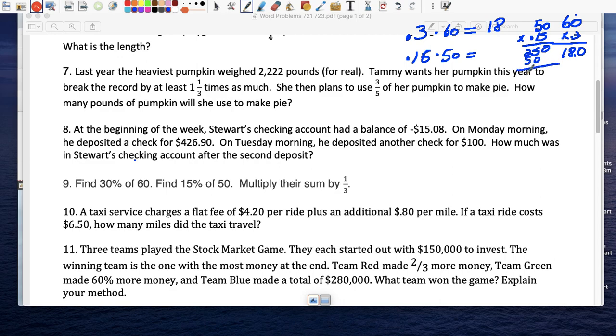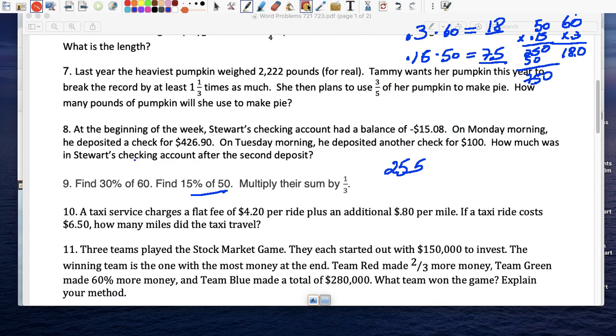And it's going to be two decimal places, so it's going to be 750 or 7.5. So 30% of 60 is 18. 15% of 50 is 7.5, and then you want to multiply that sum by 1/3. So if we add 18 plus 7.5, we get 25.5, and we're going to multiply that sum by 1/3.